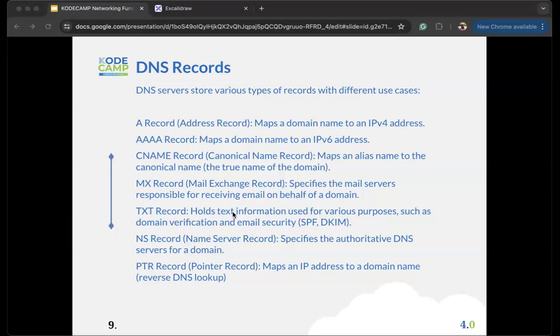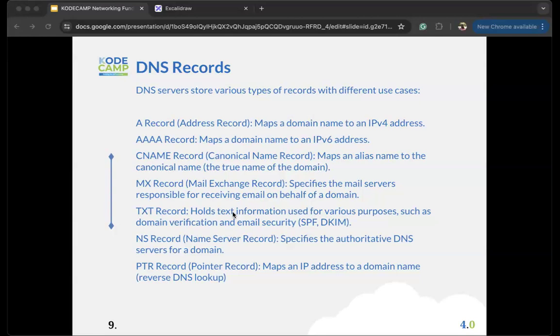You also have the AAAA record, which maps your name to your IP address, but using IP version 6. You also have a canonical name record, which maps the name of a canonical name to the true name of a domain.